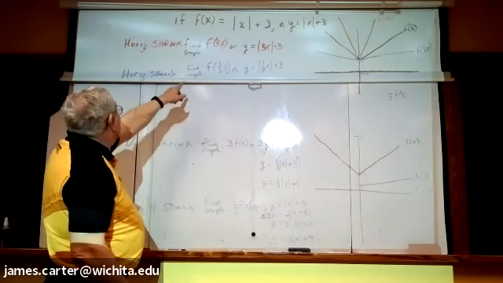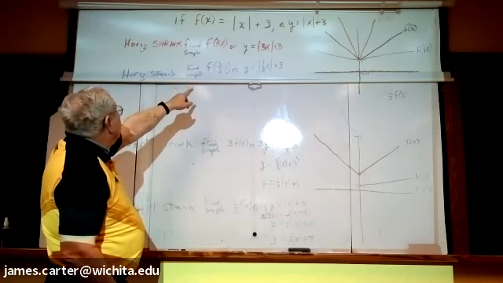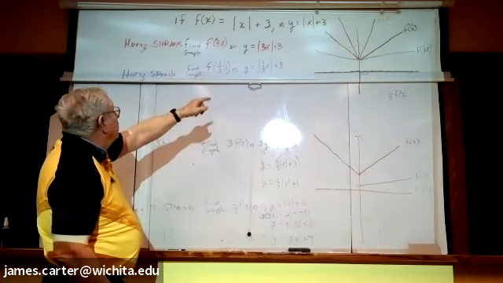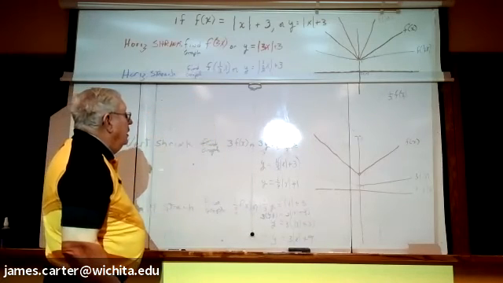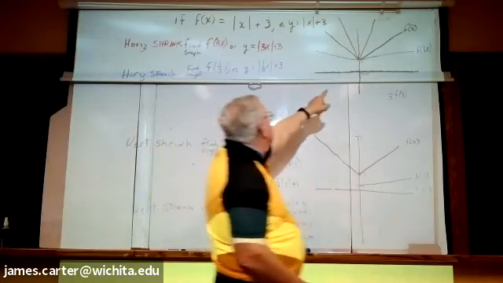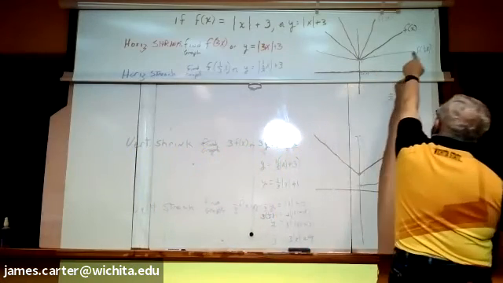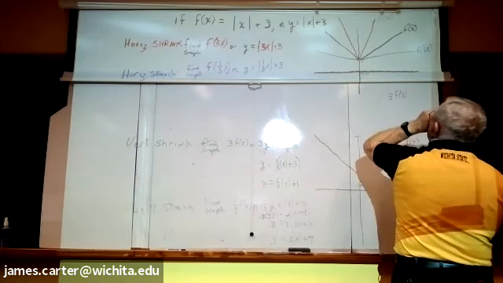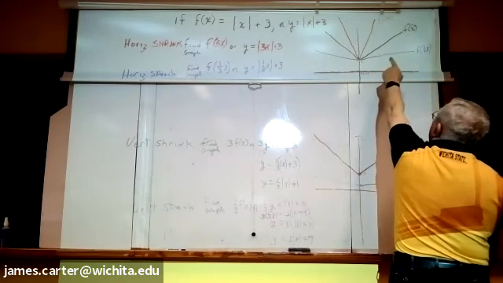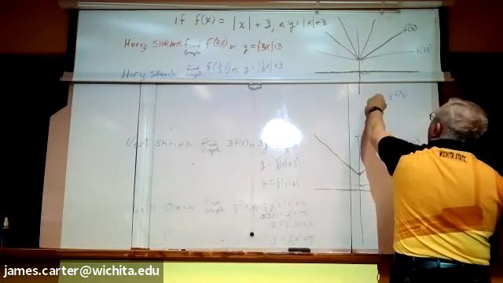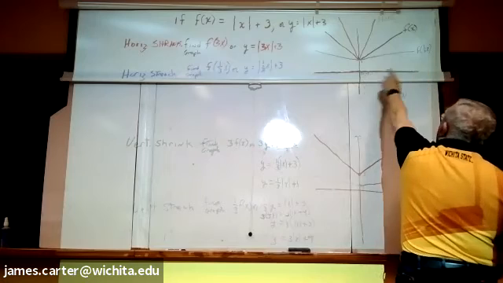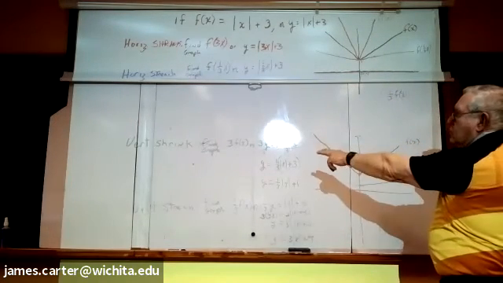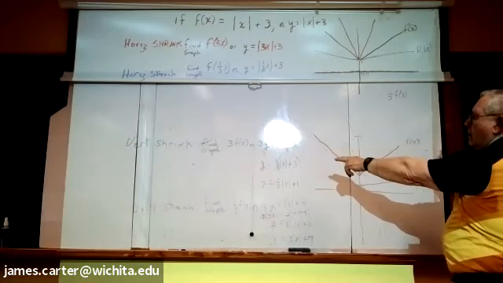Then we're going to find f of 1/3 x, or y equals absolute value of 1/3 x plus 3. We've got the basic one in black, f of x. 3x goes up like that, steeper. 1/3 x flattens.